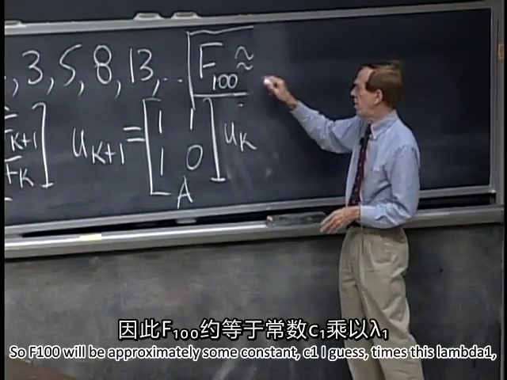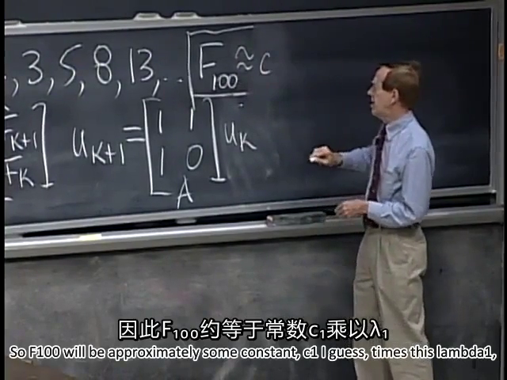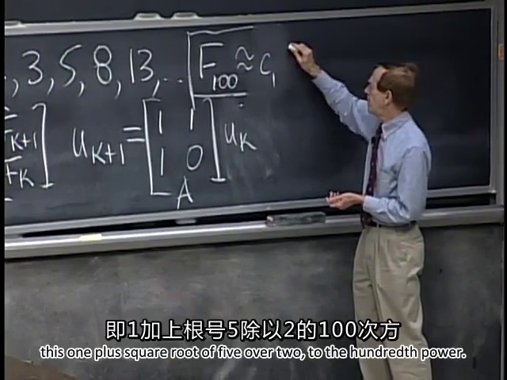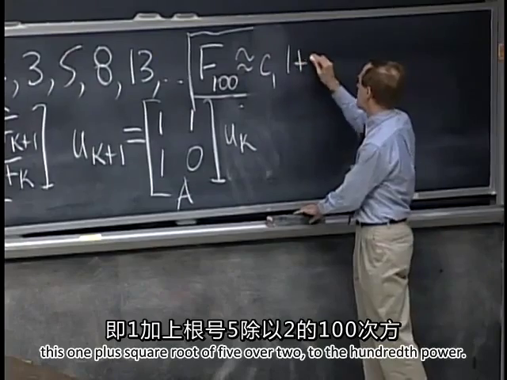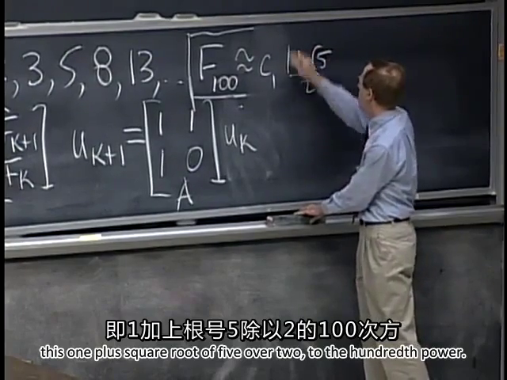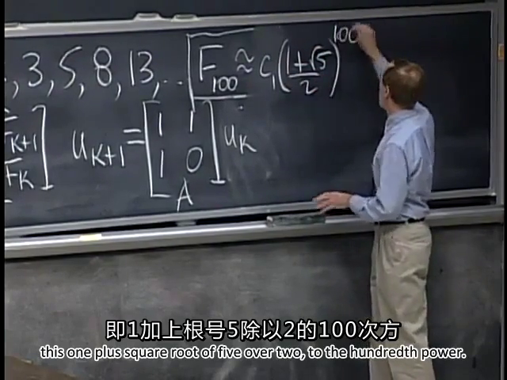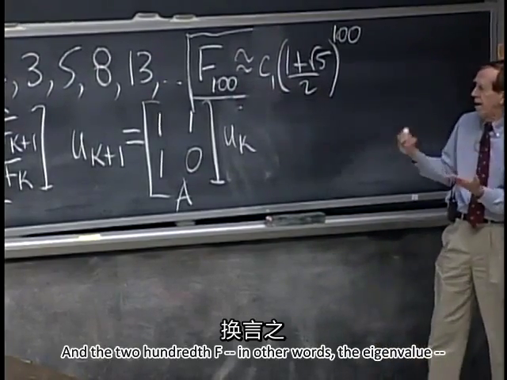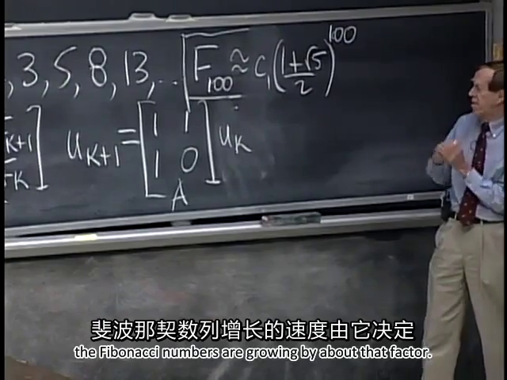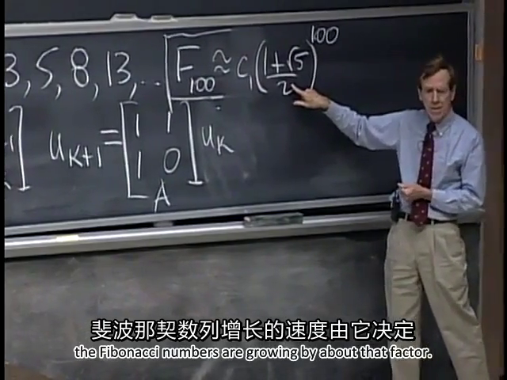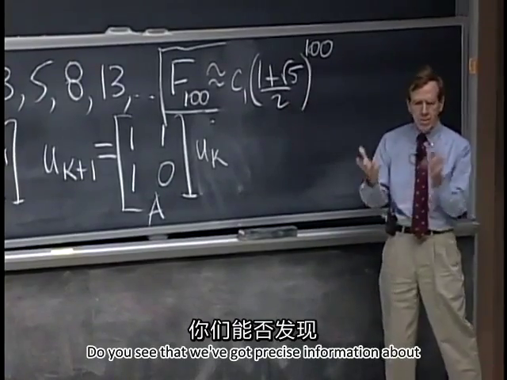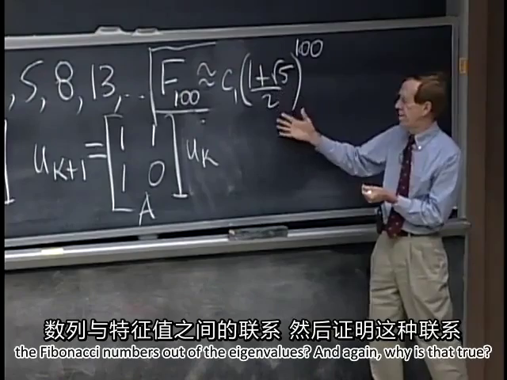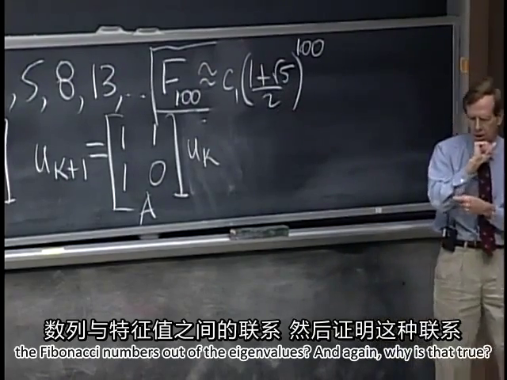So F100 will be approximately some constant, C1, times lambda 1, this (1 plus square root of 5) over 2, to the 100th power. The Fibonacci numbers are growing by about that factor. You see that we've got precise information about the Fibonacci numbers out of the eigenvalue.